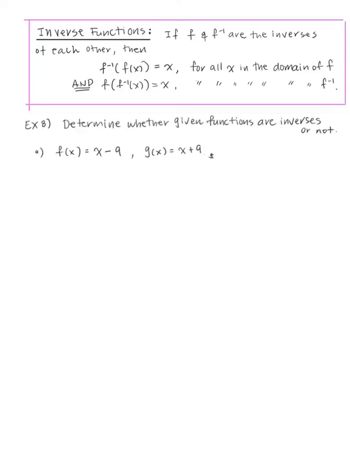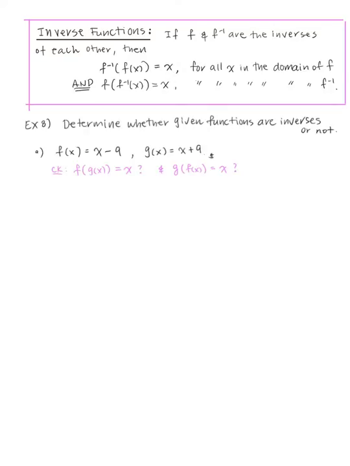So don't worry, I'll write everything out. So what we need to check is, does f of g of x equal x? And after that, you need to check, is g of f of x going to equal x? If both are true, then f and g are truly inverses of each other. If one side fails, then they're not inverses of each other.